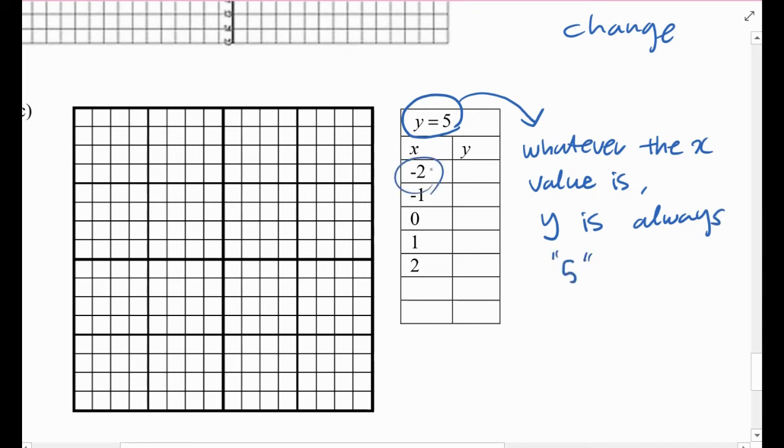When x is negative 2, y is 5. When x is negative 1, y is 5. 0, y is still 5. 1, 2, 3, 4, y is always 5.